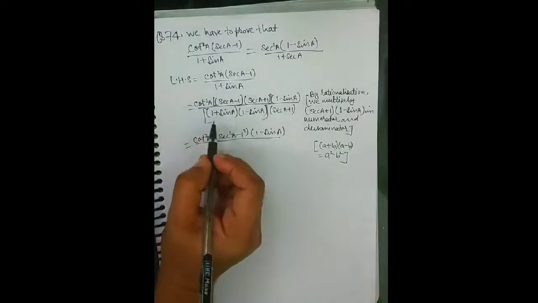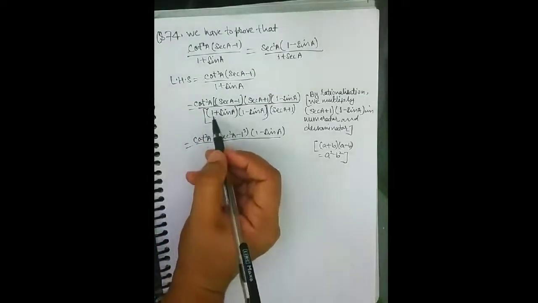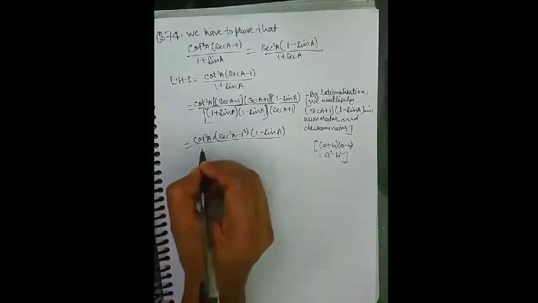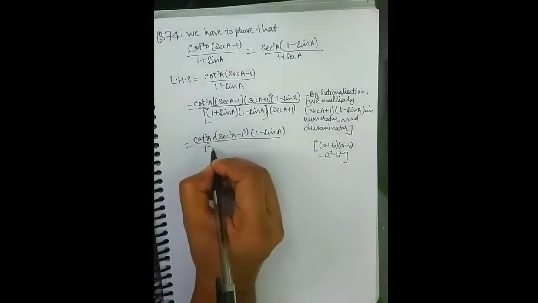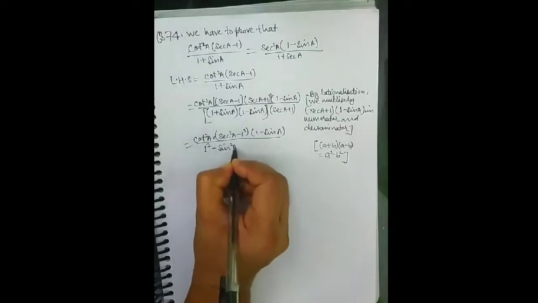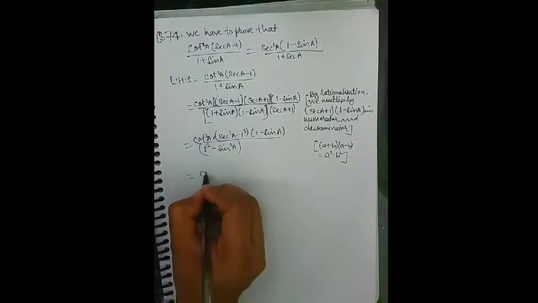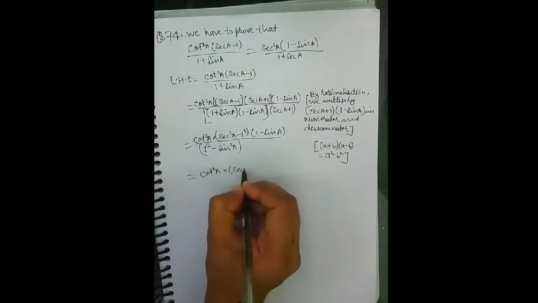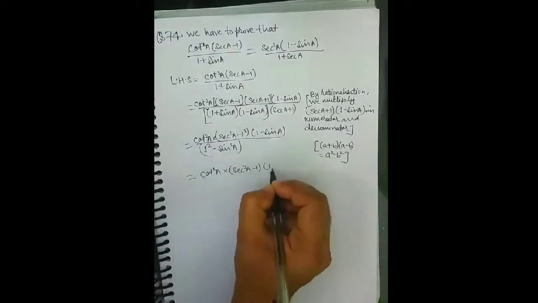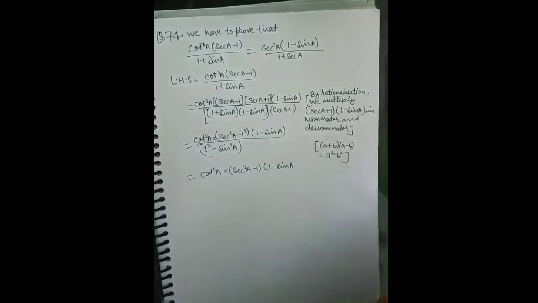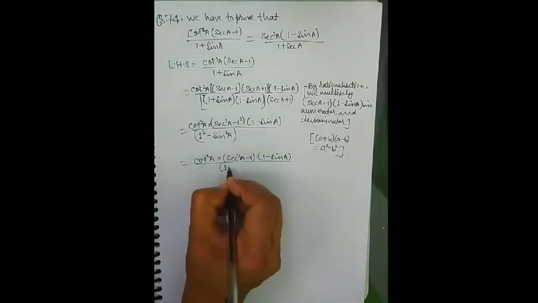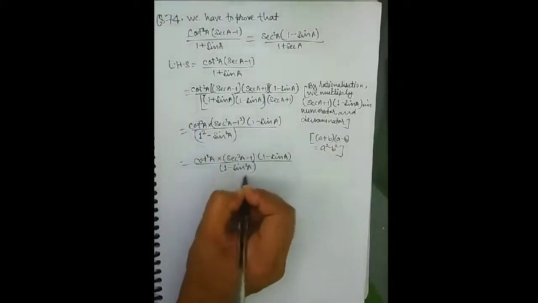In the denominator, a is 1 and b is sin a, so we can write (1 plus sin a) into (1 minus sin a), that is 1 square minus sin square a. So we can write cot square a into (sec square a minus 1) into (1 minus sin a) upon 1 minus sin square a.